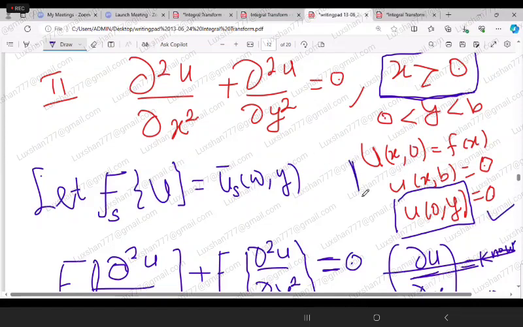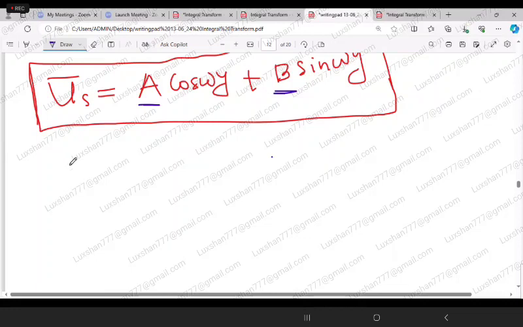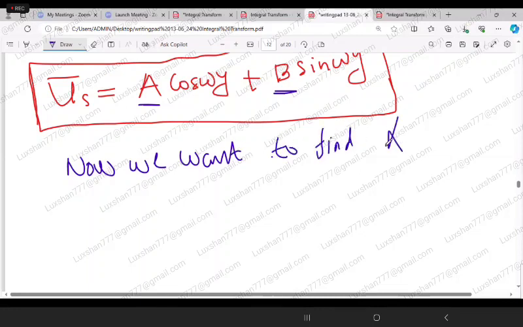So now we want to find A and B. We don't need to differentiate because we don't have an initial condition in terms of derivative.